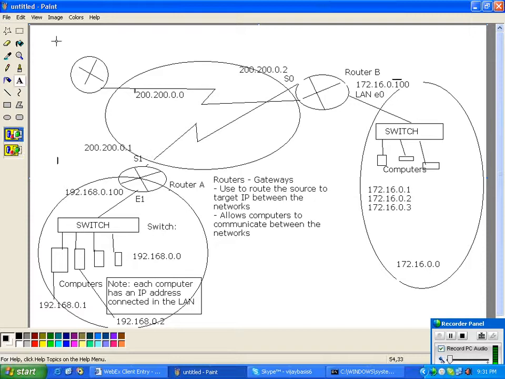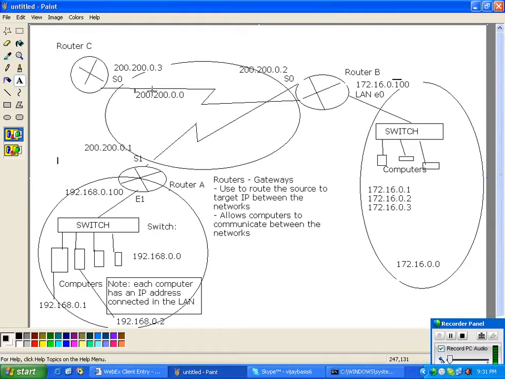One goes to router A and another one goes to router C. And here I have the serial port, it should be 200.200.0.3, S0.